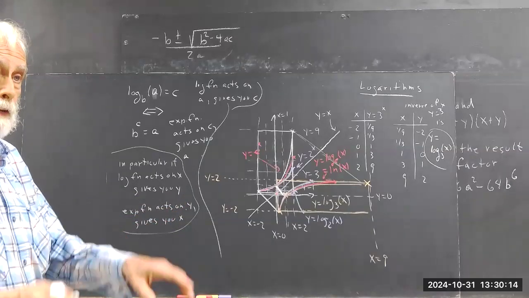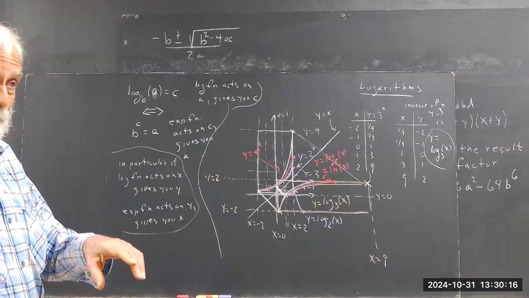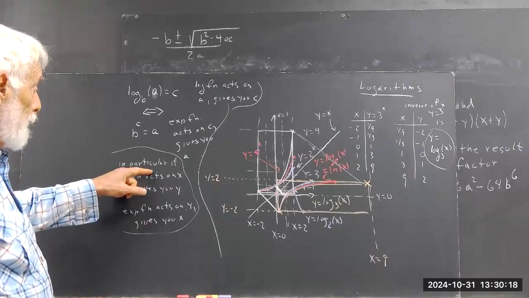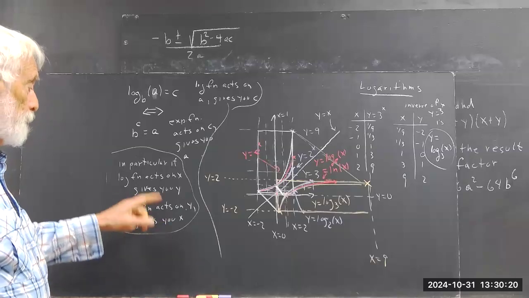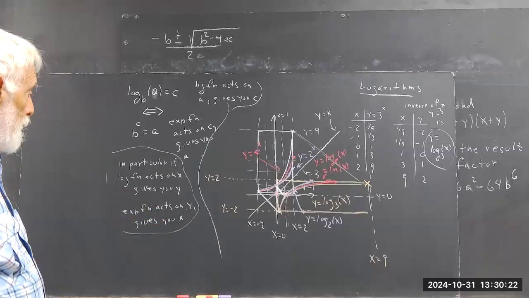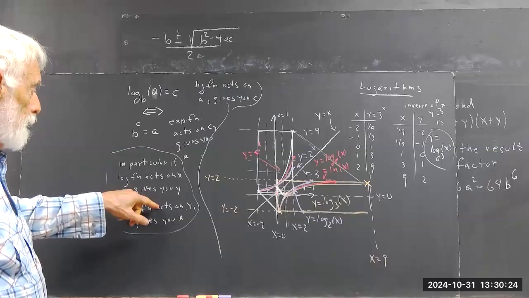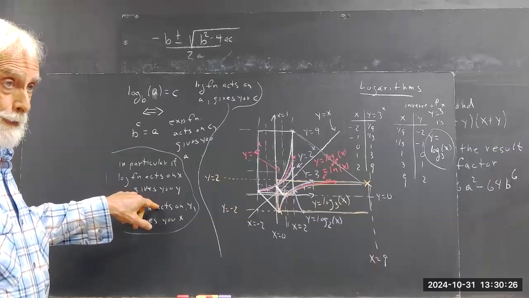See how that's switching x and y? What's being acted on here is what you get from the function here, and what you get from the function here is what you're acting on here.